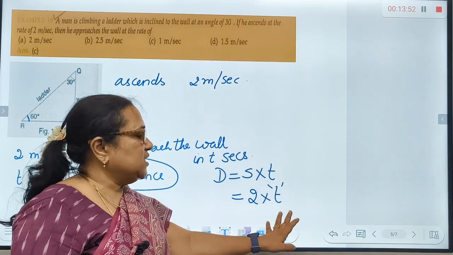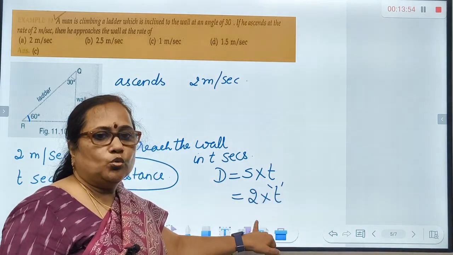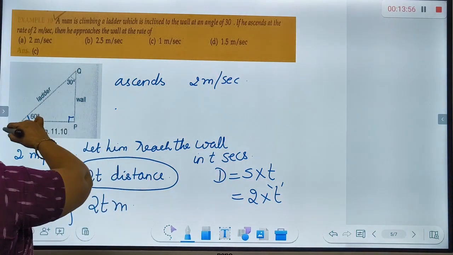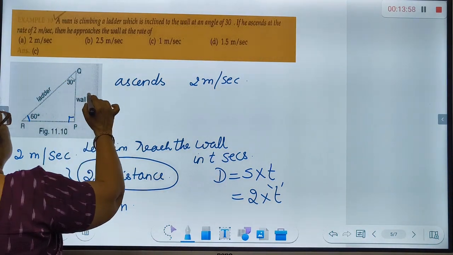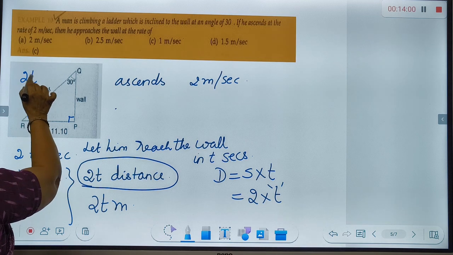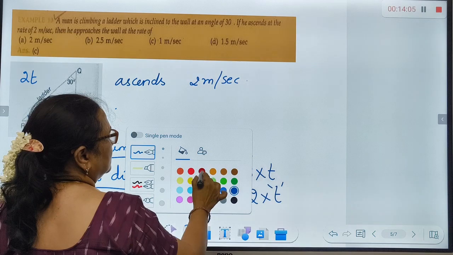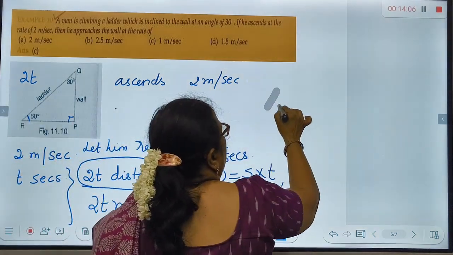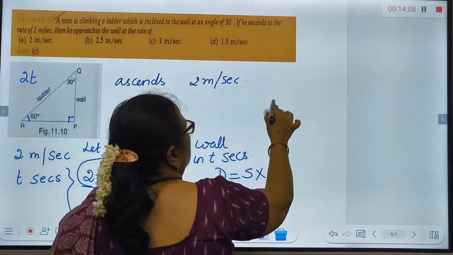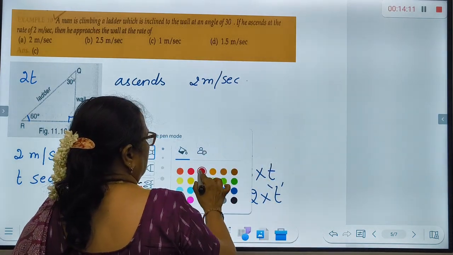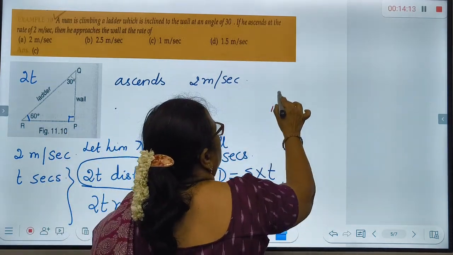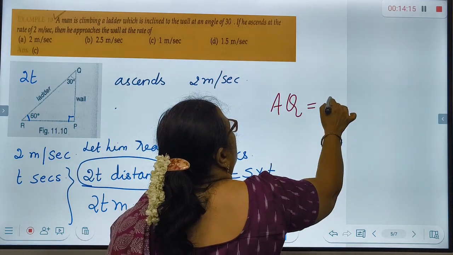Time I am keeping as t. Speed is given as 2. So the value of AQ is 2t.